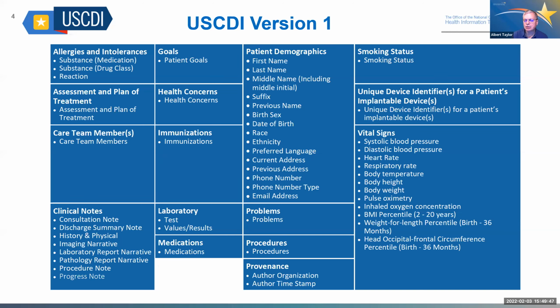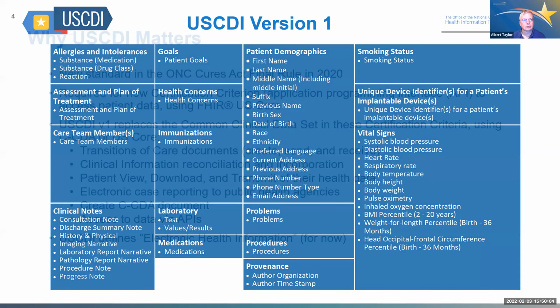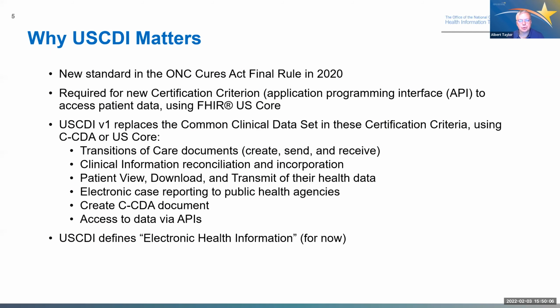This defines the amount of information that certified health IT has to be able to capture, exchange, and make available to users of health IT. As I said, USCDI version 1 was initially published in the Cures Act final rule in 2020.